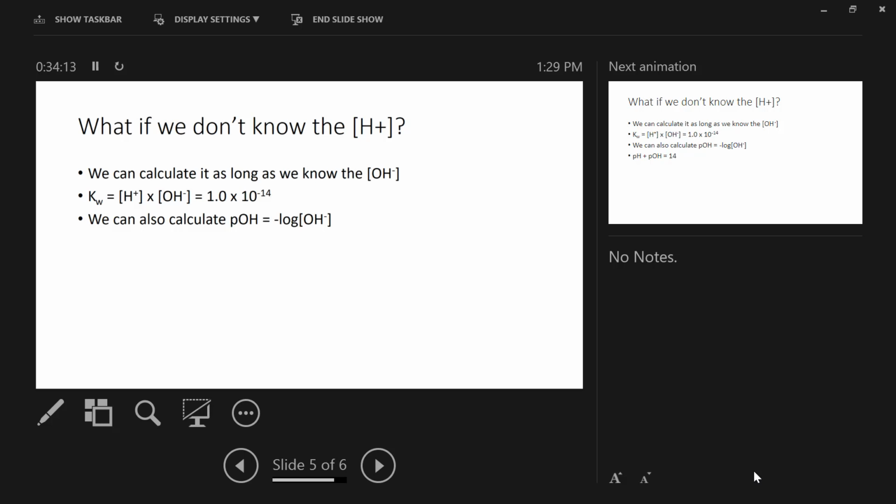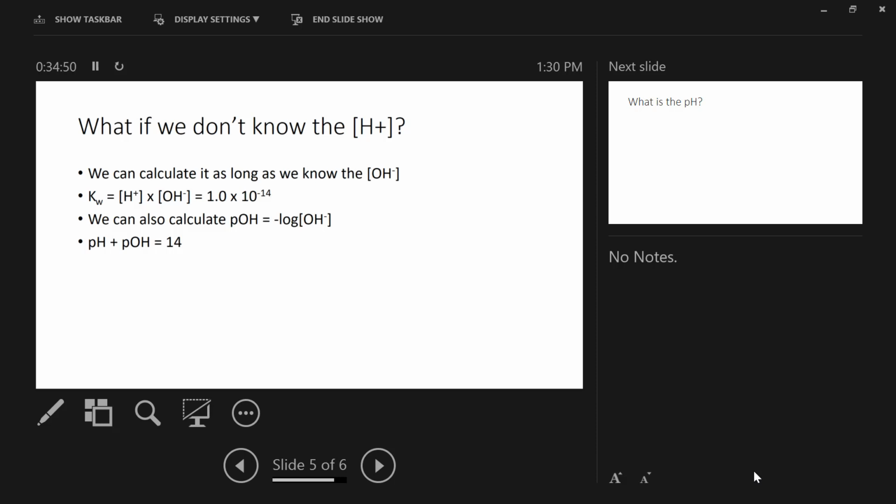However, we've got another tool that we can use to solve this. We've got a tool that says pH plus pOH is equal to 14. And what do we do to solve for pH? We subtract pOH away from both sides. And we get pH is equal to 14 minus pOH.